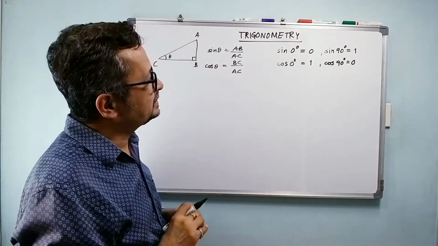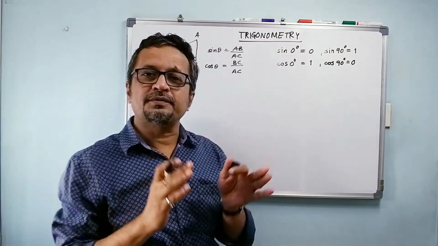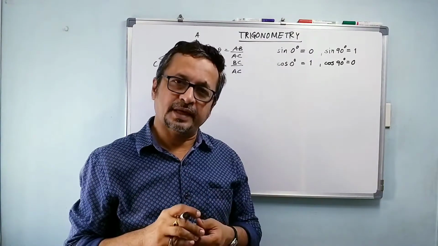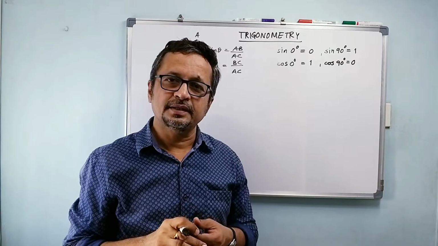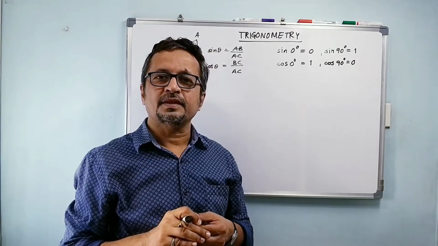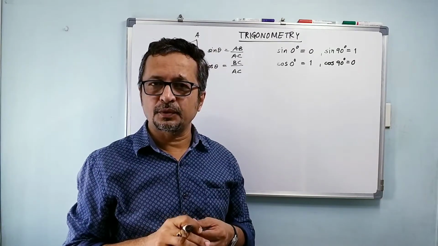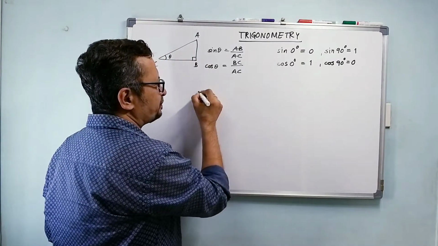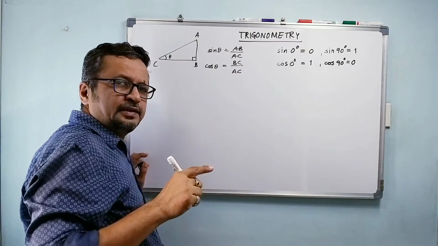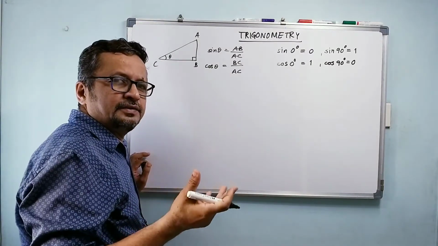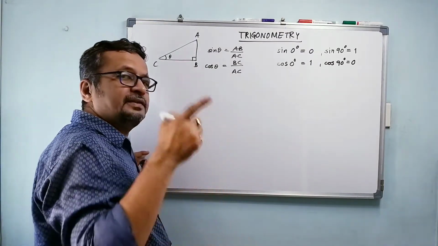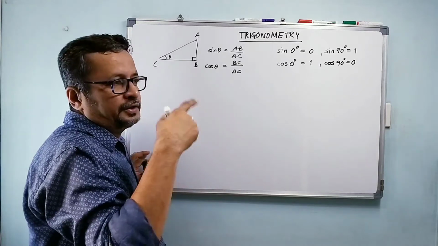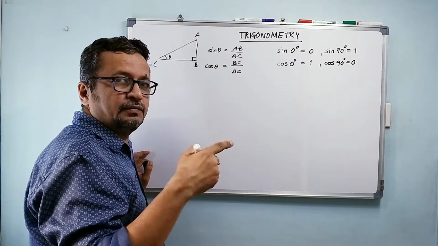So you must have seen that the value or magnitude of sine and cosine lie between 0 and 1. Okay, so actually can sine and cosine take negative values? Yeah, the answer is yes, but that we would be able to deduce when we consider a unit circle. What is a unit circle?